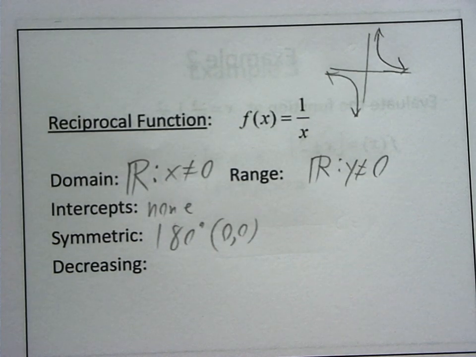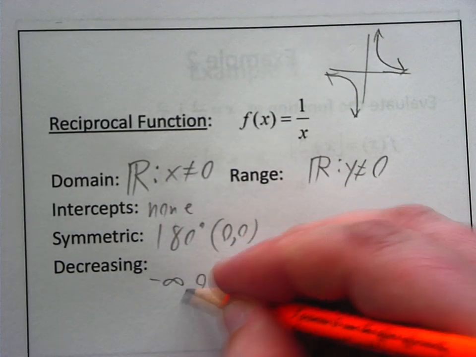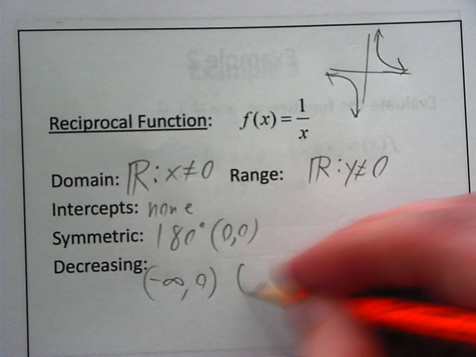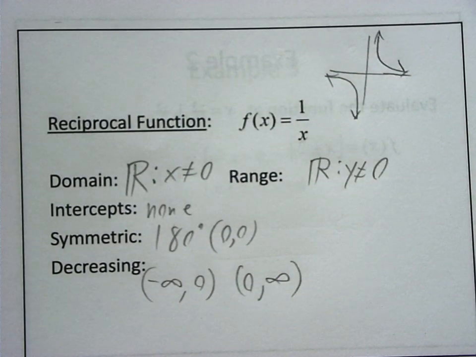From negative infinity to 0, and again from 0 to infinity. So it's decreasing over that interval: everything but 0.